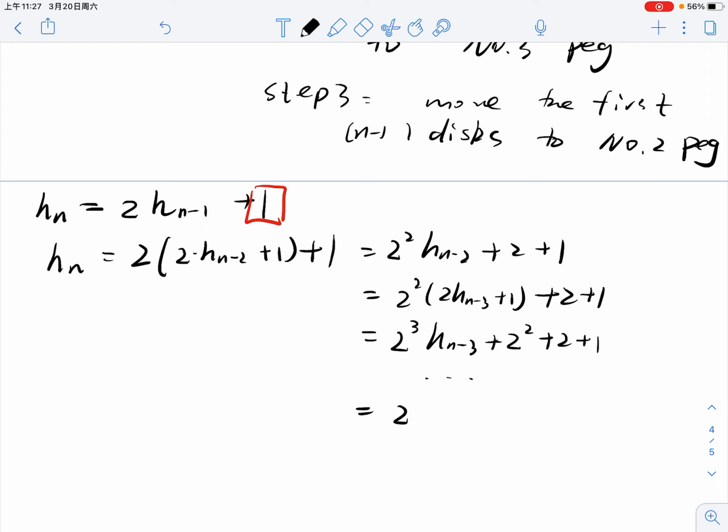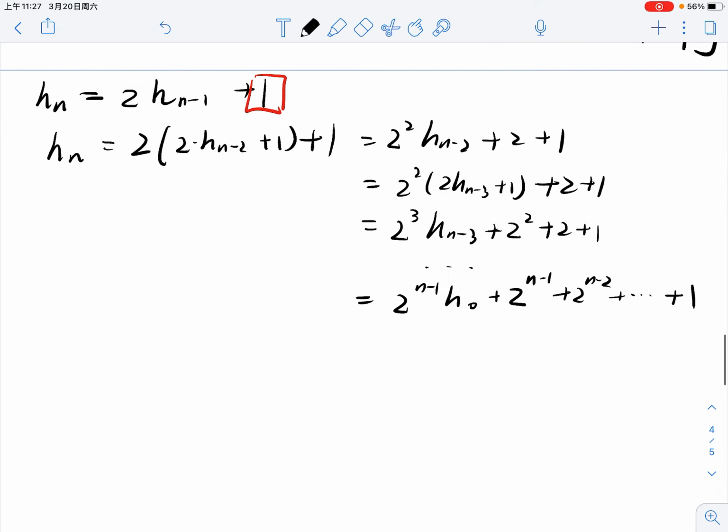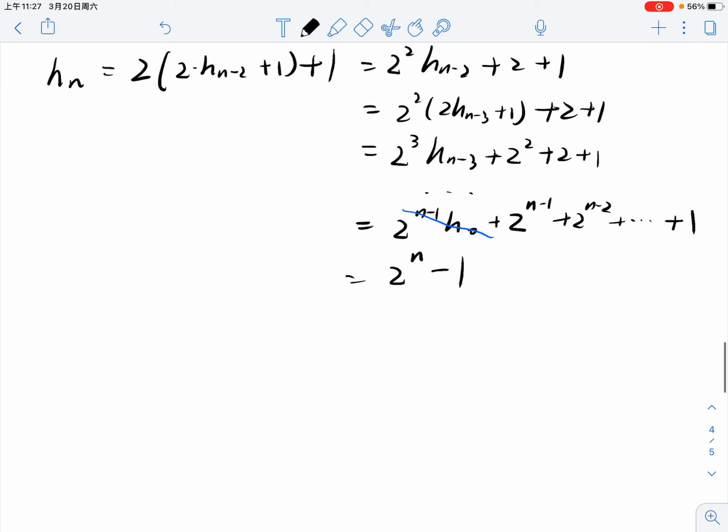And all the way to 2^n H0 plus 2^(n-1) plus 2^(n-2) plus all the way to 1. And since H0 is 0, this will be a geometric series summation, so 2^n minus 1.